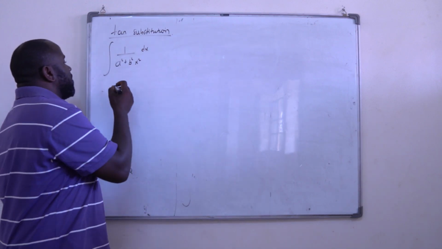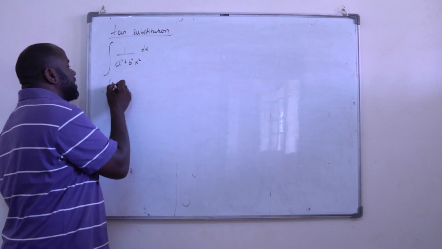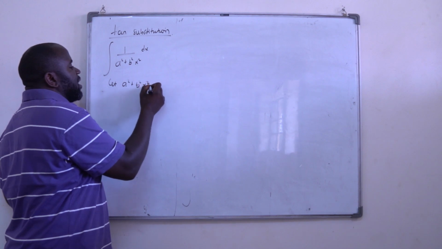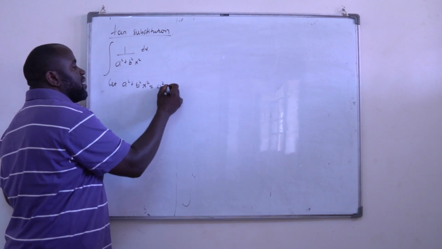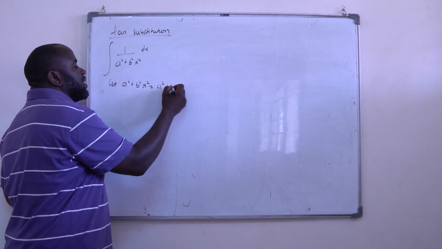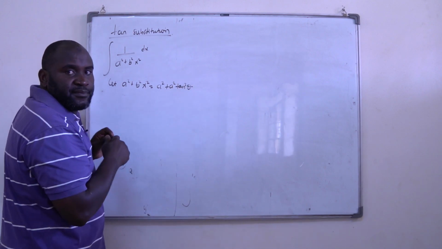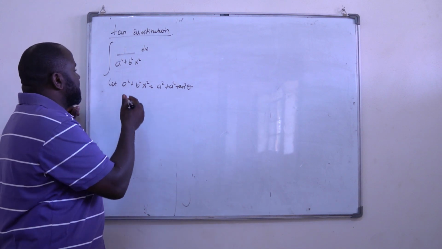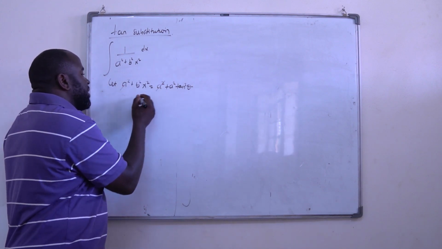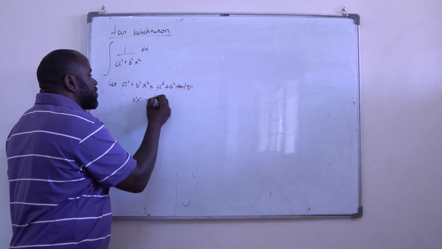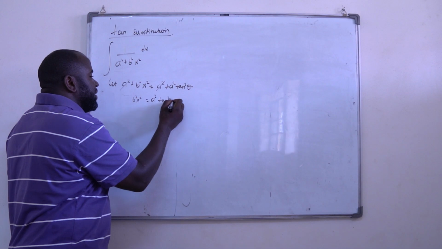In this case, we are expected to do the following. You will let a squared plus b squared x squared be equal to a squared plus a squared tan squared of theta. Then you can subtract off the a squared, and therefore b squared x squared is going to be equal to a squared tan squared theta.